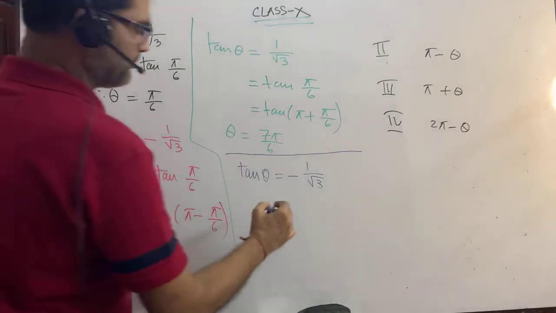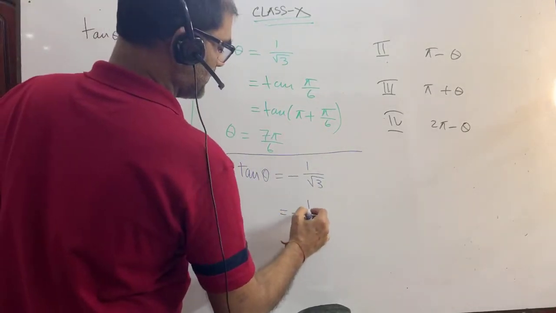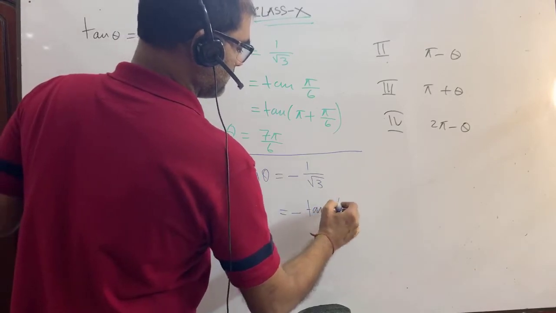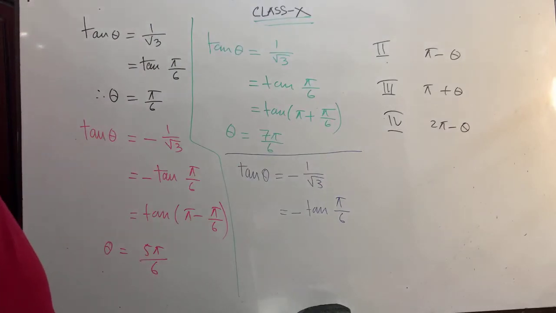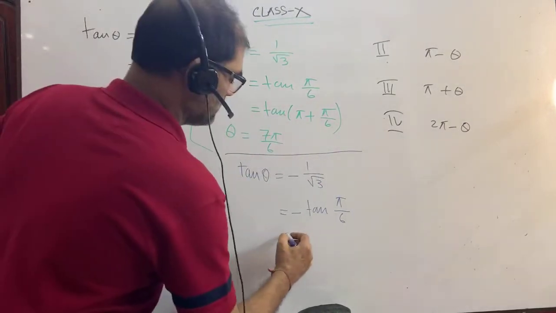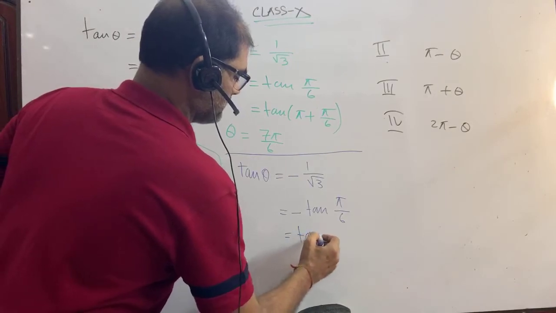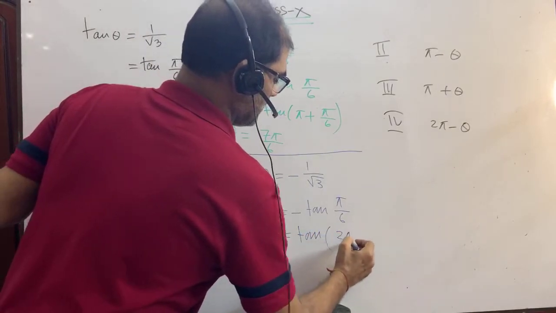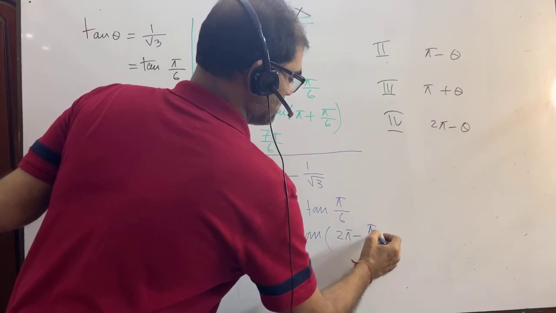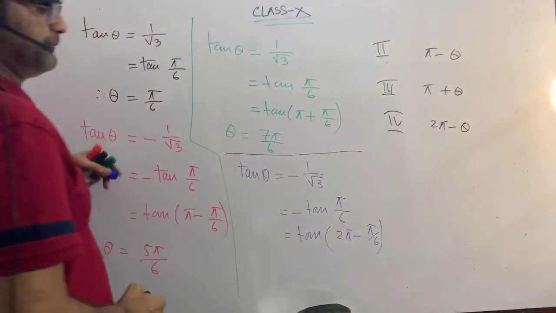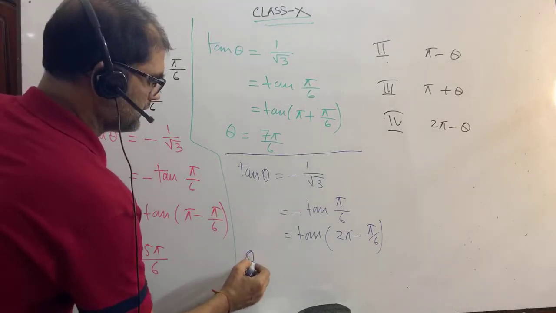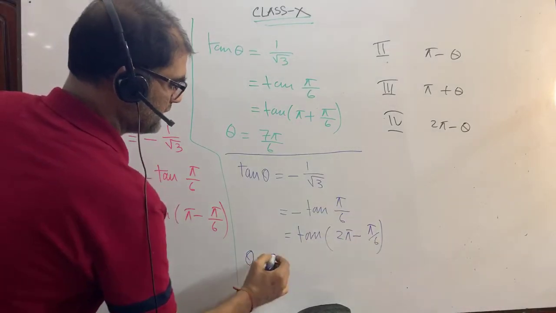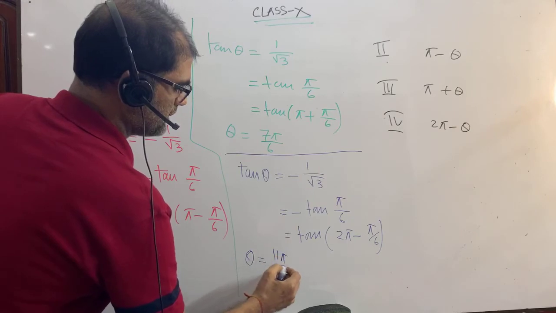That means in the fourth quadrant, minus tan pi by 6. What did I tell here? 2 pi minus theta. Write down tan 2 pi minus theta. Okay. So what is theta? Theta is equal to 11 pi by 6.